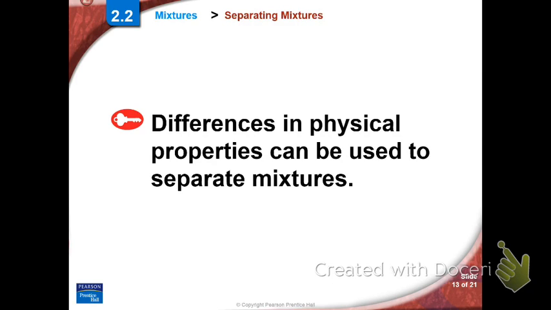Differences in physical properties can be used to separate mixtures. I remember when I was little and my mom would make beef stew. I wouldn't eat it if it was all mixed up. So I would ask my mom to sort it out by color.